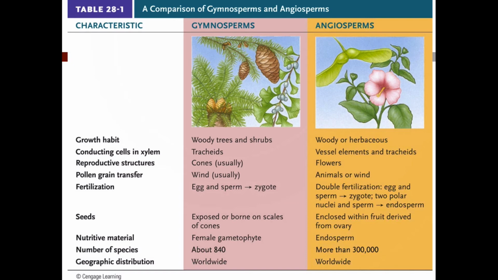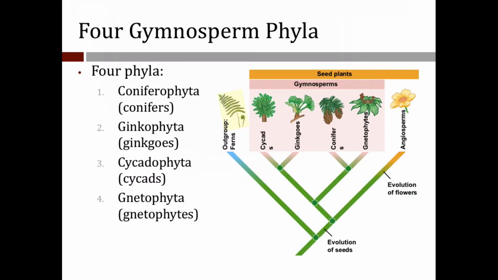So you have A, the diploid zygote, plus B, the triploid endosperm. We'll do it later. Seeds are enclosed within fruit, derived from the ovary. Here, what's nutritive is known as the endosperm. There are well over 300,000 species of angiosperms, and they are found worldwide.